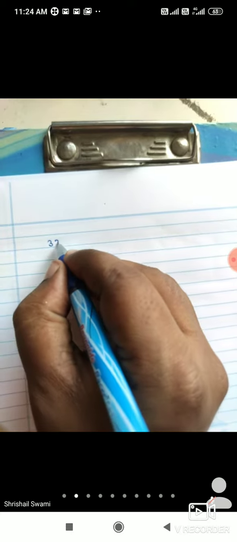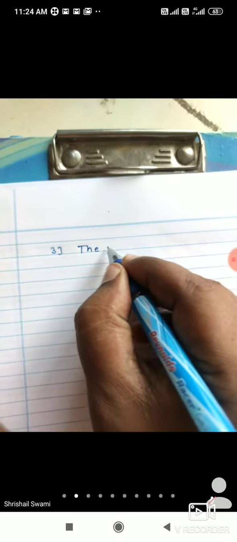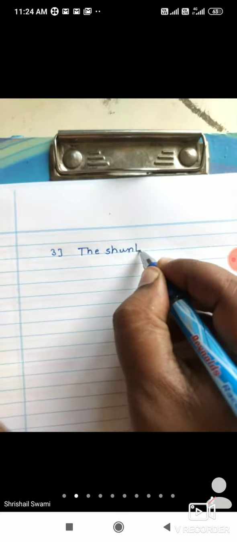So third one, the shunt arm resistance R2. What is the formula? The formula is very important to remember. I will tell at the end of all attenuators how to remember the formula of attenuator. Don't worry. So R2 is equal to R0 into 2N divided by N square minus 1.